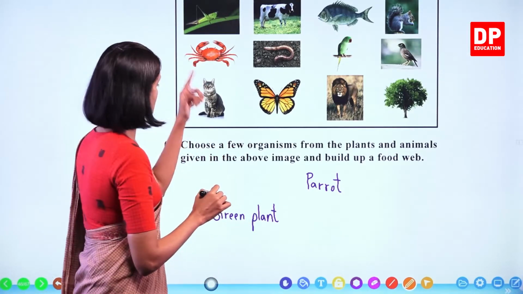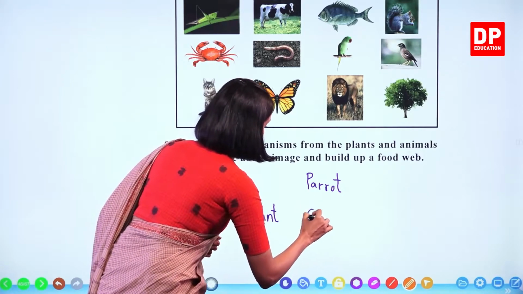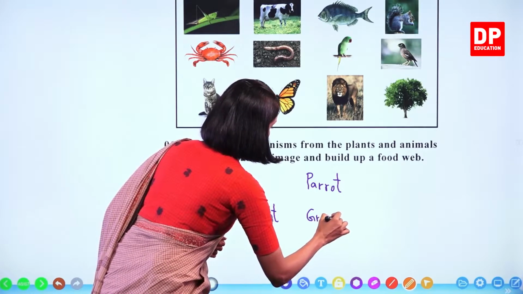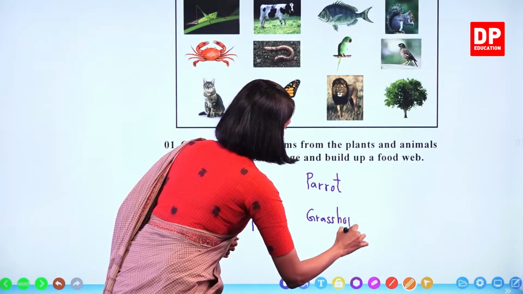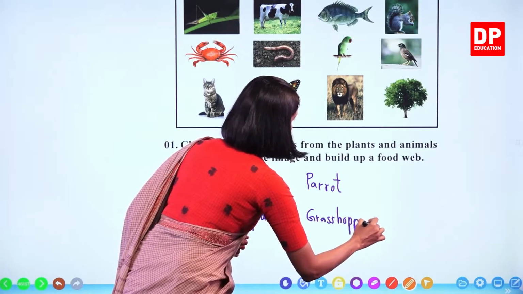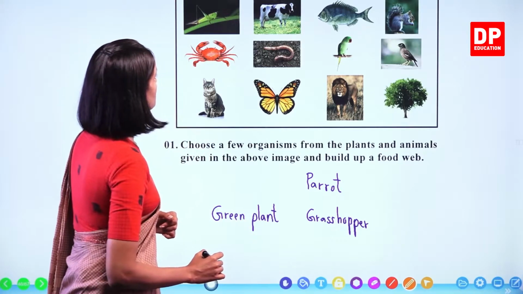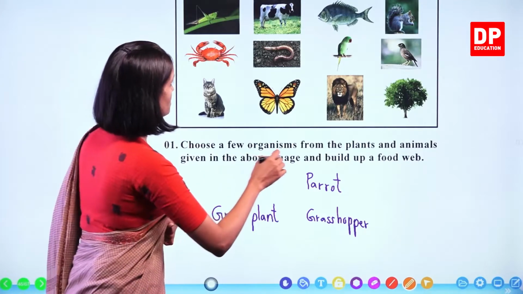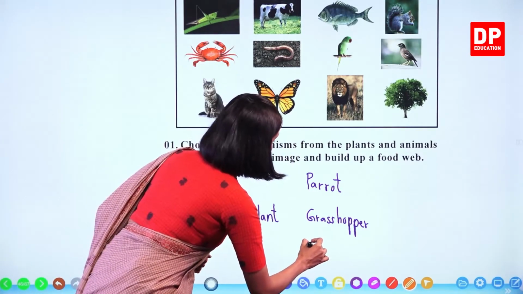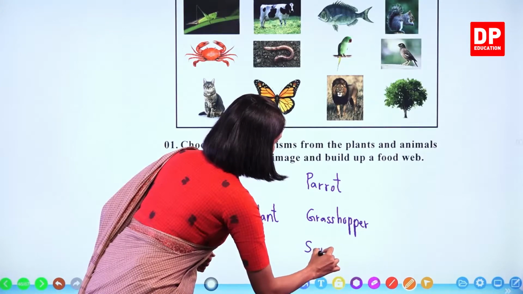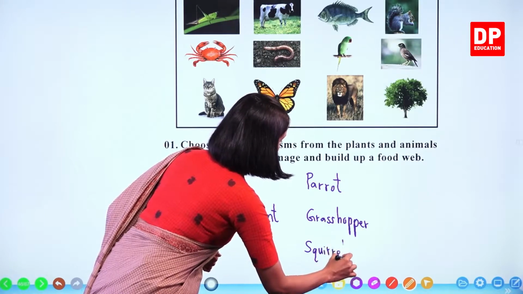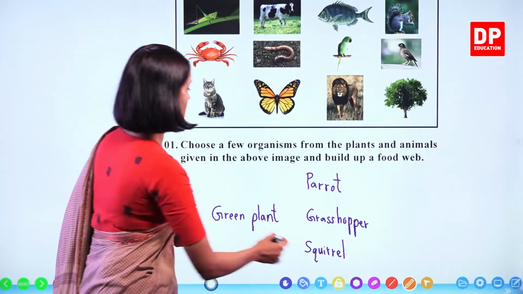And grasshopper also depends. Then we can write squirrel, okay, that's enough.